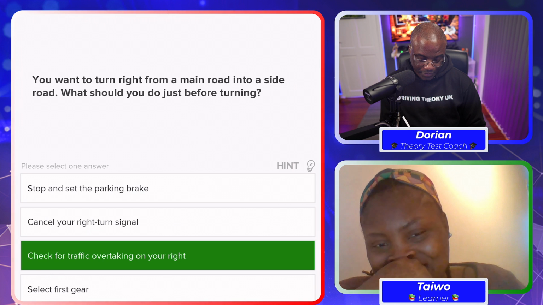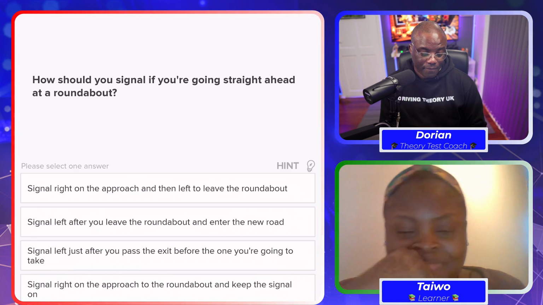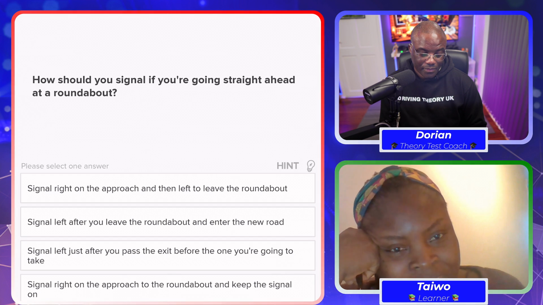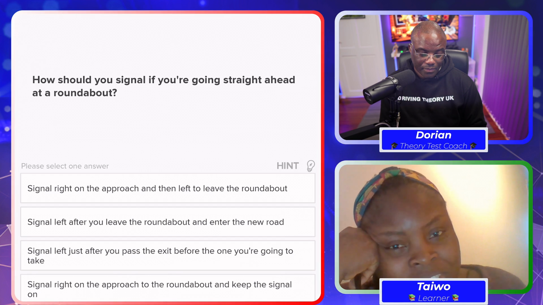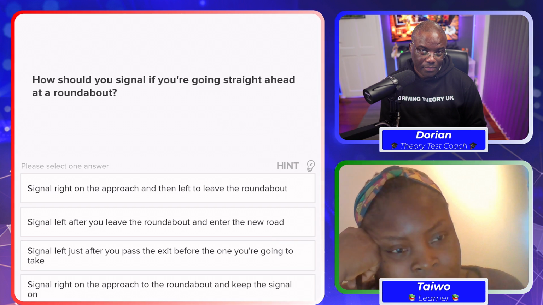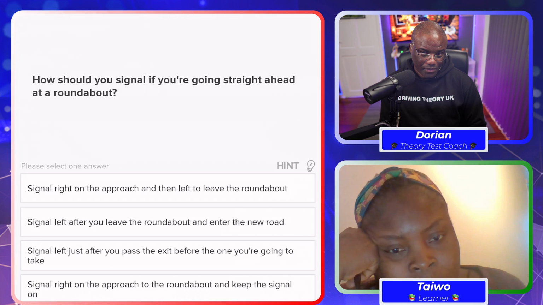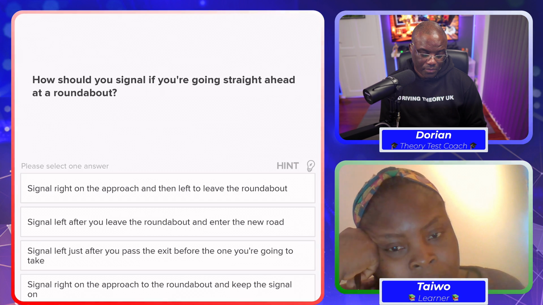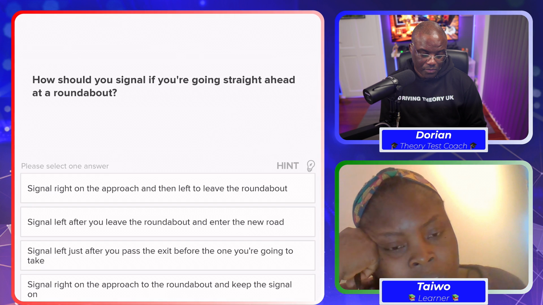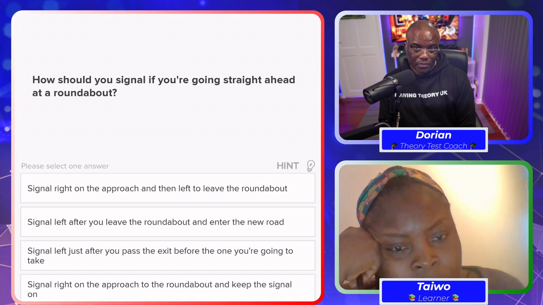Wow. I always have issues with this. How should you signal if you're going straight ahead at a roundabout? Straight ahead is like the second exit. So signal right on the approach, then left. If you're going straight ahead, it's obviously you're going to signal left.